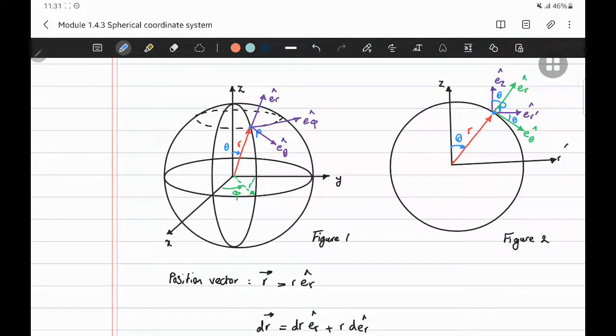You have to find the components of e theta and er in the direction of er prime. So e theta is basically the cosine times the cosine theta, and here you have er times the sine of theta. So this will give the component of er prime here.